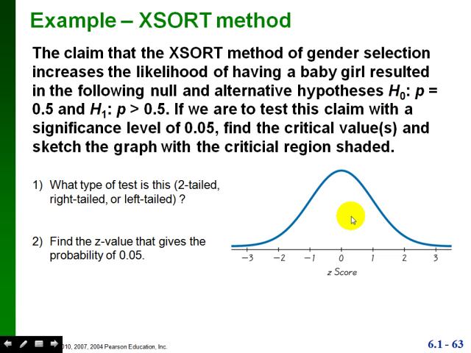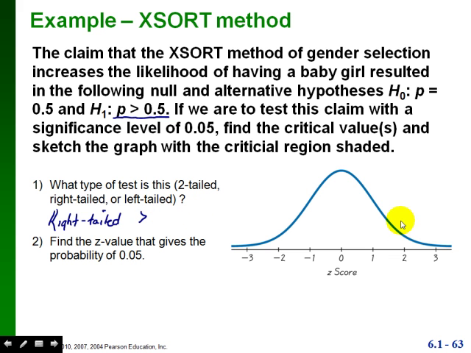Going back to our gender selection method, we had our null and our alternative hypotheses already. Notice our alternative hypothesis had a greater than, which points to the right. That tells us right away that we have a right-tailed test. And again, that's because we had a greater than.